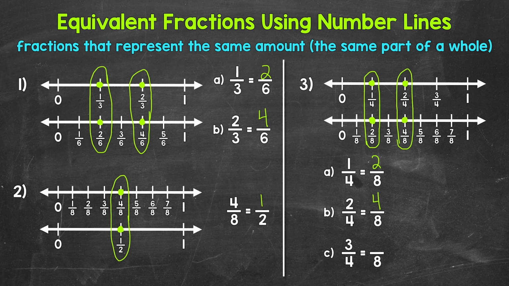And then lastly, for C, we have 3/4 is equivalent to how many eighths? 3/4 is right here on the number line. And then looking right below, 6/8 is at the same place on the number line. 3/4 and 6/8 are equivalent fractions. So there's how to find equivalent fractions using number lines.